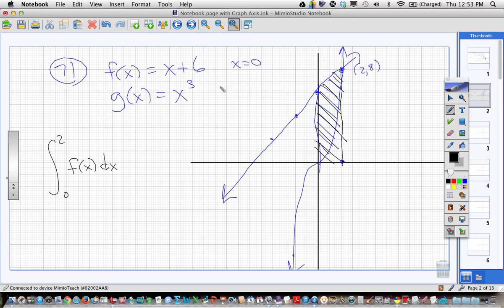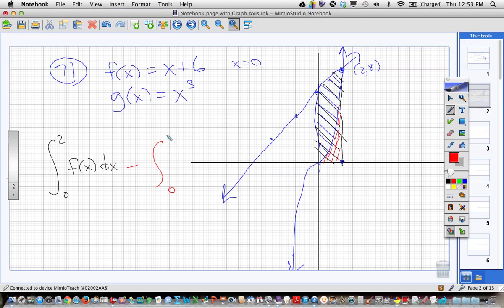And then what would be the integral of the x cubed? That would be this part in here, right? And so what Brenna said, if you subtract the black minus the red, shouldn't that give you the blue? And that's exactly what we're talking about doing here.